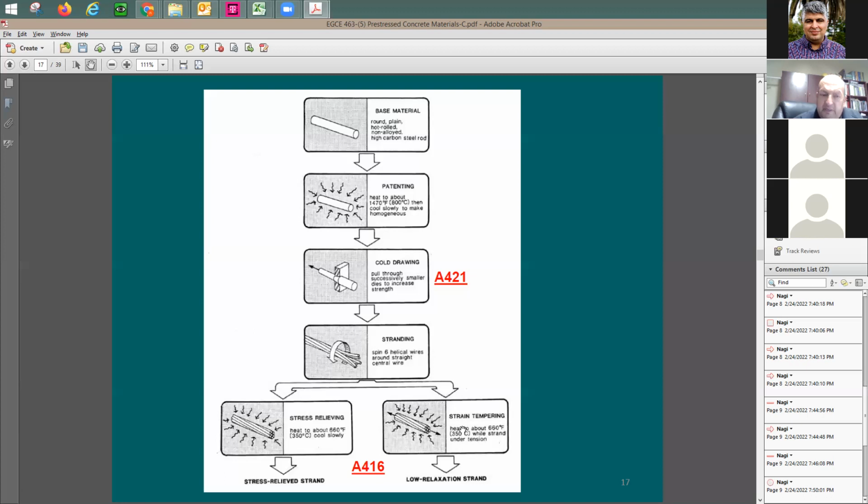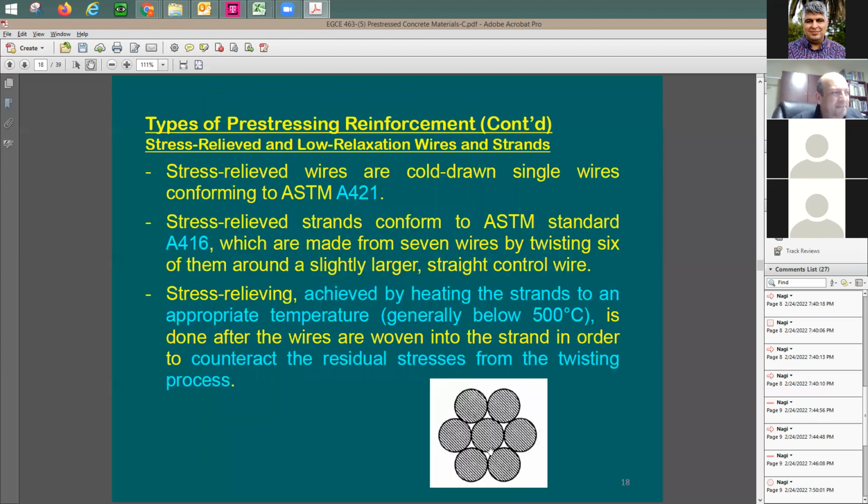Why? Because it's true that you have higher losses due to shrinkage, but you can reduce it by using the low relaxation strands. Does this make sense or what?